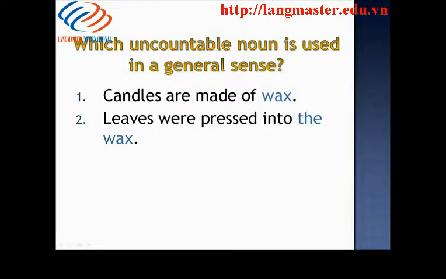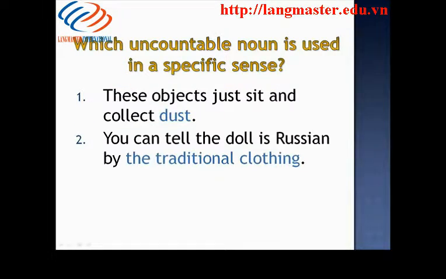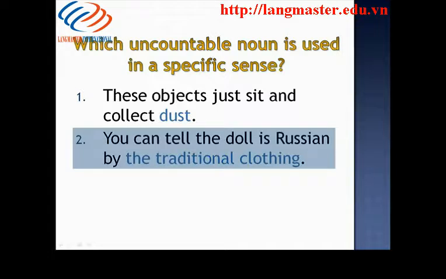Which uncountable noun is used in a general sense? Wax in the first sentence is used in a general sense. Which uncountable noun is used in a specific sense? Clothing in the second sentence is used in a specific sense, the traditional clothing.